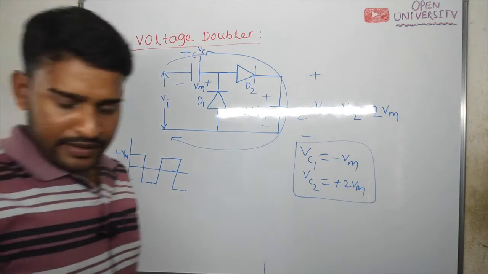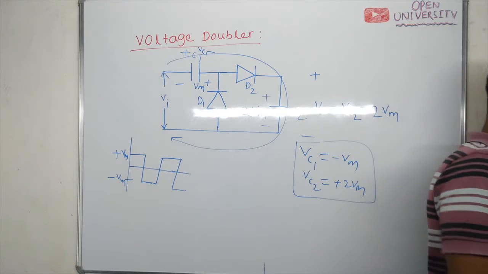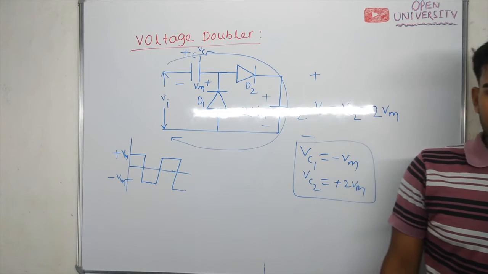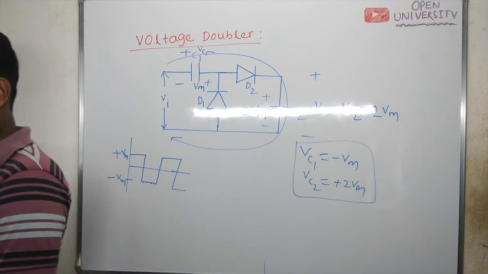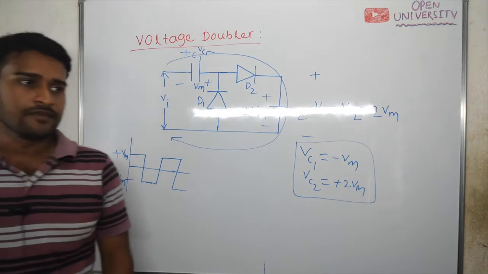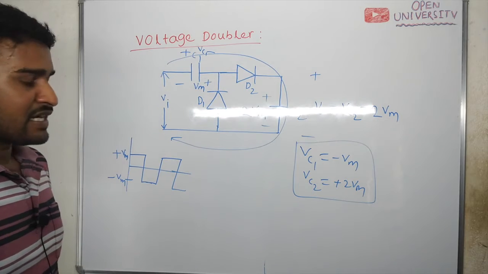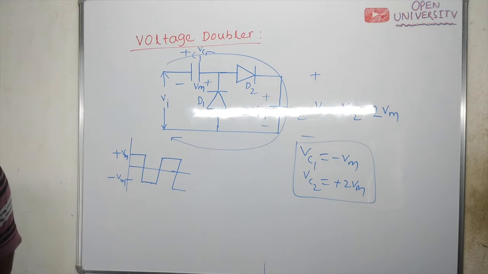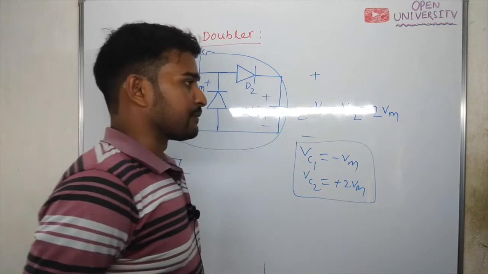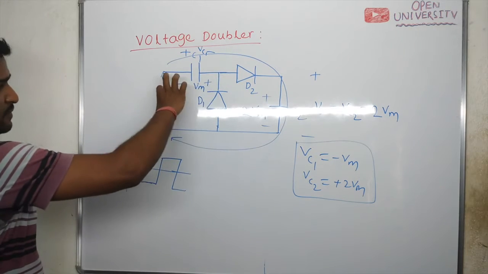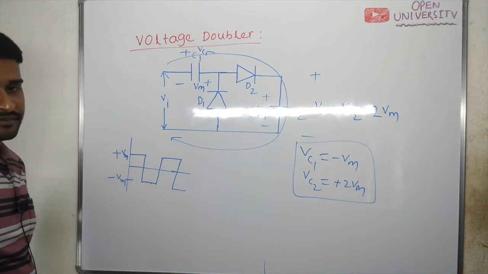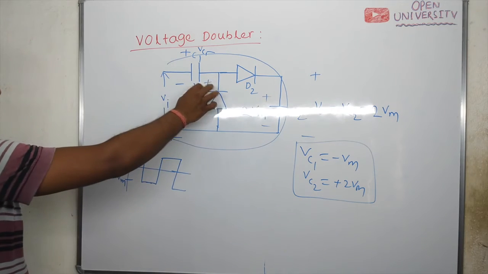Write down the next point. During the positive half cycle, D2 will conduct and C2 will charge through D2 up to 2 Vm, that is this voltage plus this voltage, that is the net input voltage.